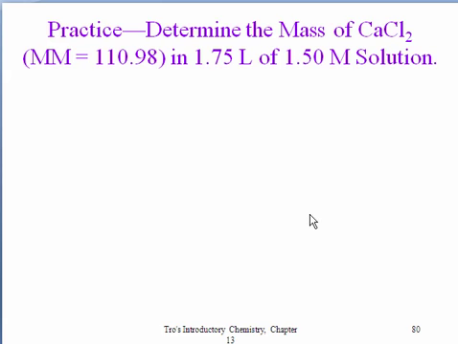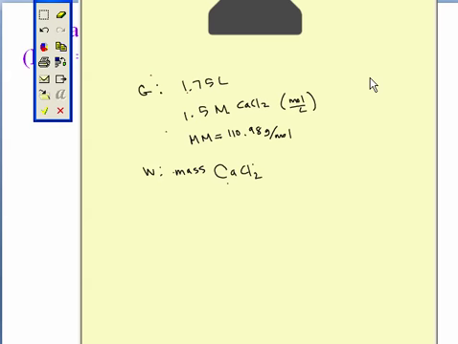And let's look at one more practice problem. Determine the mass of calcium chloride, and here's the molar mass of it, in 1.75 liters of a 1.5 molar solution. So the first thing we always want to do is write out what we're given.